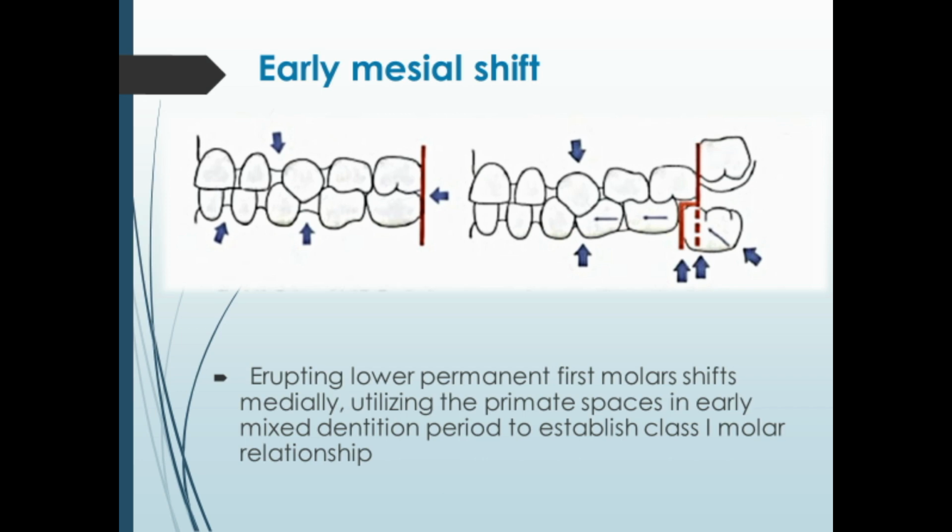The eruptive force of permanent molars pushes the deciduous molars forward into these spaces, thereby establishing class I molar relationship. As this change occurs in early mixed dentition, the shift is called the early mesial shift.